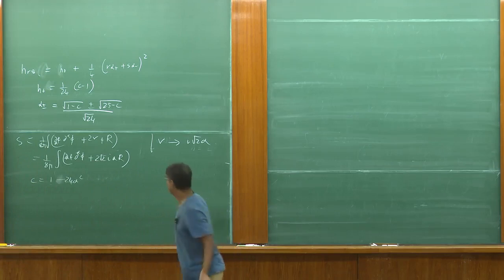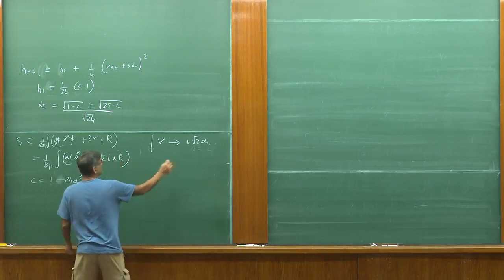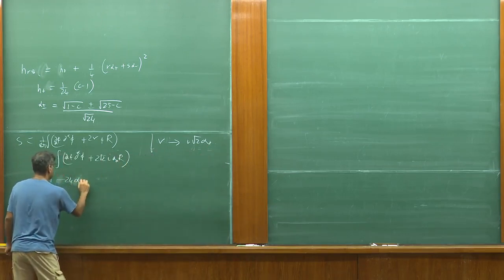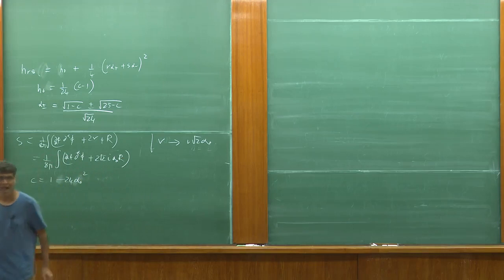I'm going to use the notation of this book, so they use alpha naught, so c = 1 - 24 alpha_0 squared.